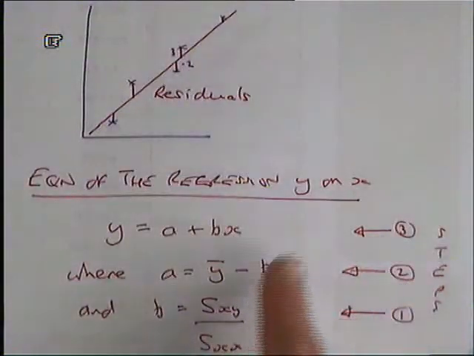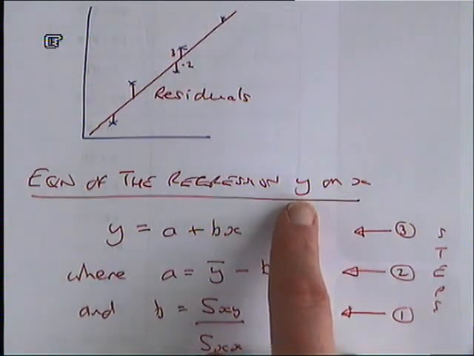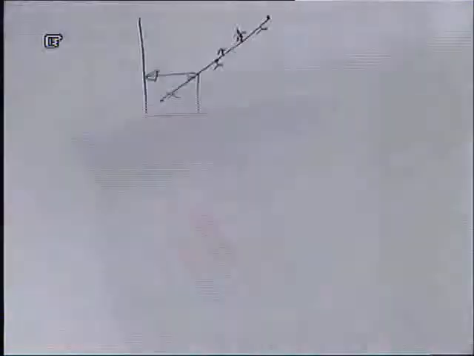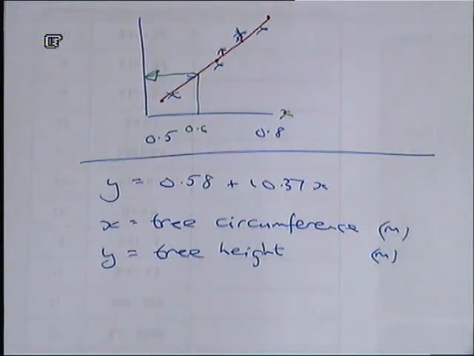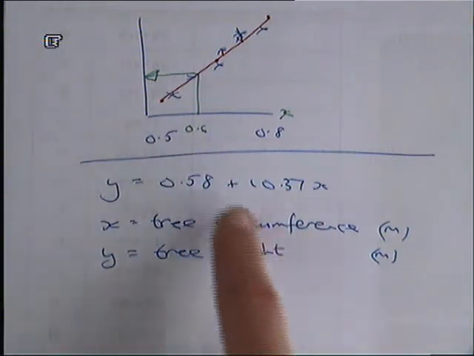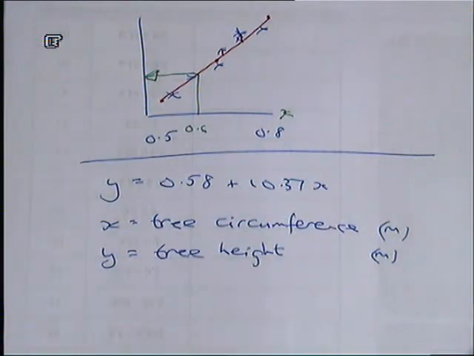Now this is the formula we had earlier, and it's y on x. Whatever comes before the word "on", you can predict that one based on the other one, but not the other way around. So for example, if somebody told me that they came across a tree where the tree circumference was 0.6 metres, I could substitute 0.6 in for that x, and I could get an appropriate estimate for the height of the tree.